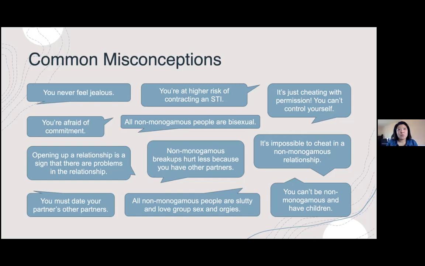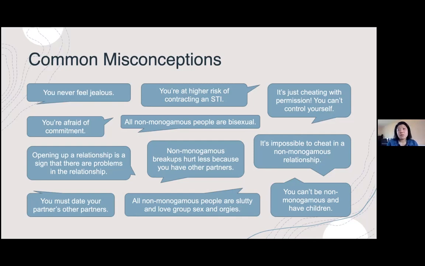And so I define commitment a bit differently, because you can live with someone and have kids with someone, be married to someone, but not necessarily be emotionally attuned to them in a relationship. There are many people who are technically committed, but they're also in unhappy relationships.